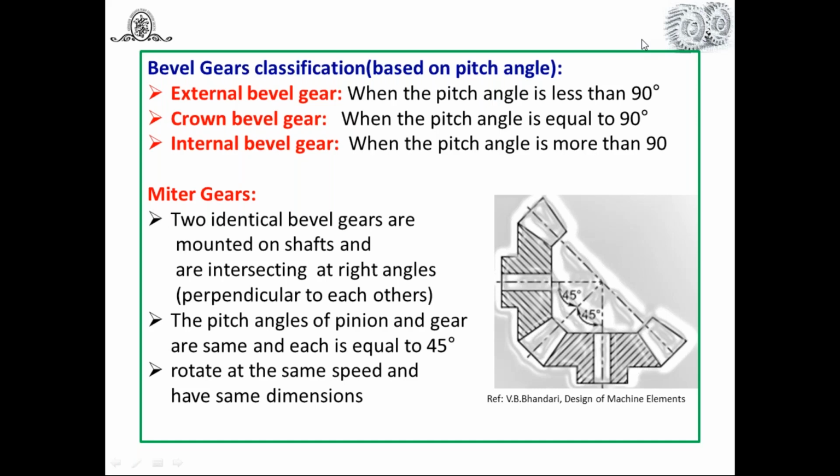There is sliding as well as rolling motion, and because of that, friction generation at high speed is possible in the case of bevel gear. Because of that there may be a possibility of damage, meaning pitting failure of the bevel pinion as well as the bevel gear. Try to avoid this; it should be less.